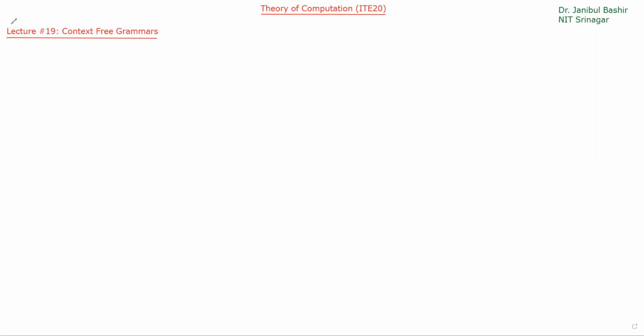In our last lecture, we already discussed the different types of grammars. One type of grammar was the context-free grammar, which is also called type 2 grammar.